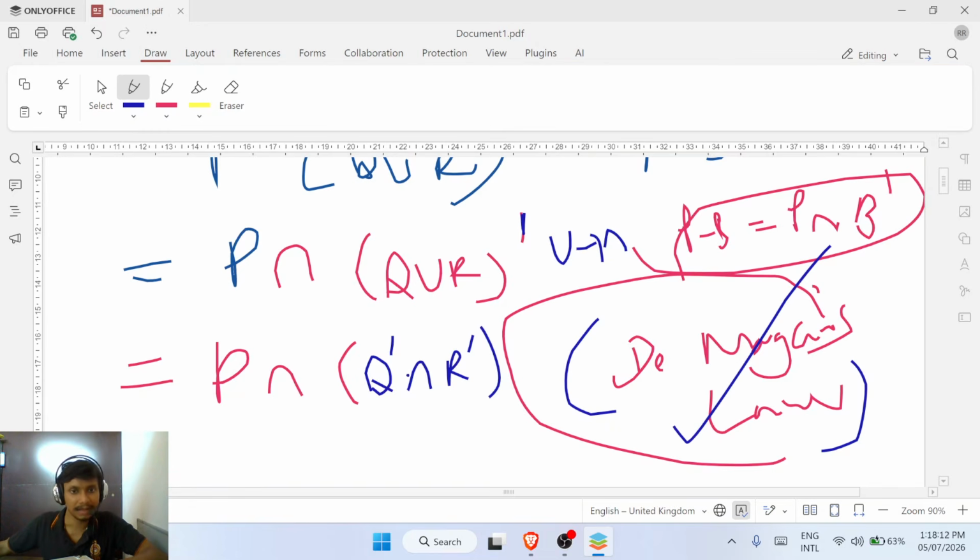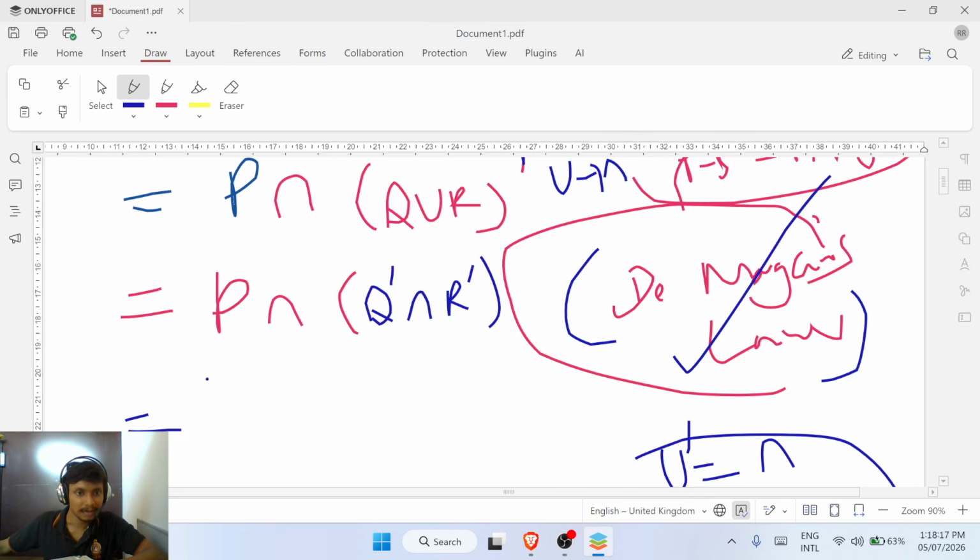Therefore, P intersect Q dash intersect R dash. Now, P intersect Q dash intersect R dash. How did I write this?